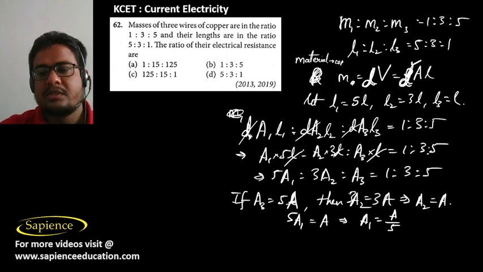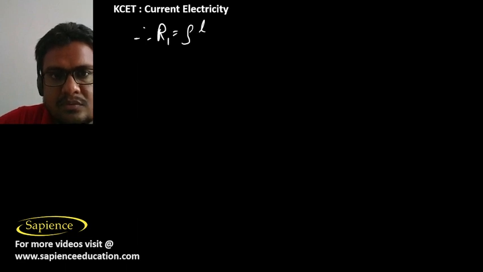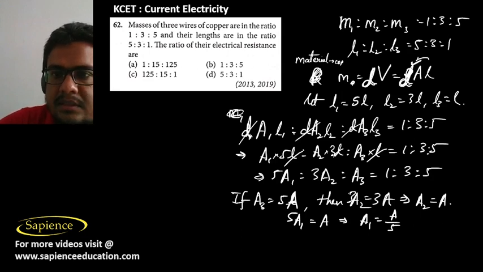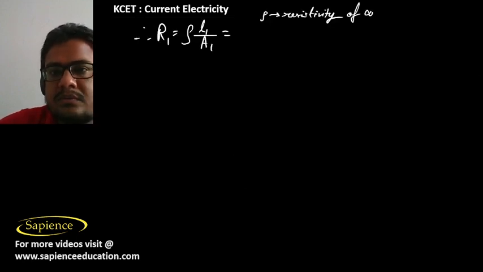So the ratio of the electrical resistances. R1 is rho L1 by A1, where rho is the electrical resistivity, not density. We are calling D the density of copper, but rho is the resistivity of copper.